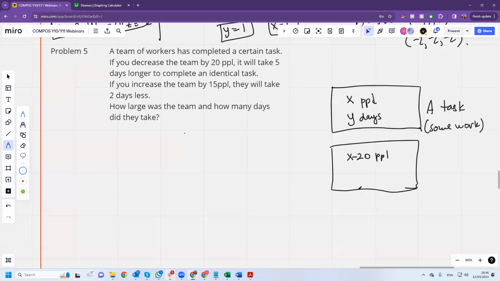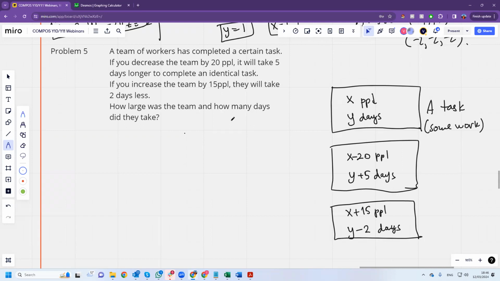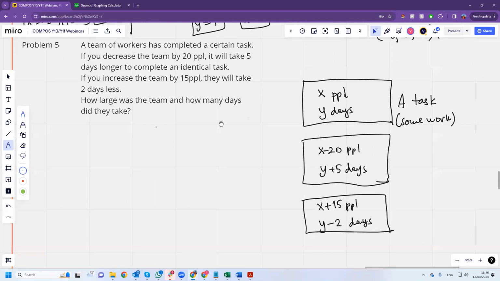It will take 5 days longer. It will take Y plus 5 days. And thirdly, if you have a bigger team, so if you have 15 more people, it will take them 2 days less, so Y minus 2 days. How large was the team and how many days did they take? So find X and Y effectively.